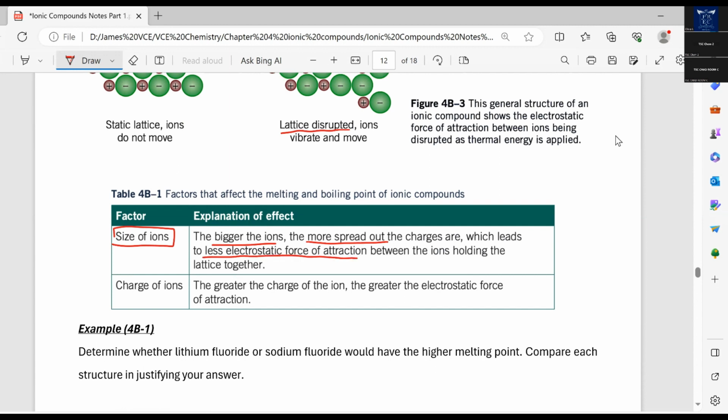So if you are looking at two ionic compounds, one has smaller atoms and the other has bigger atoms. The bigger atom will have a lower melting point than the smaller one, because bigger ions give a lower boiling point or melting point.